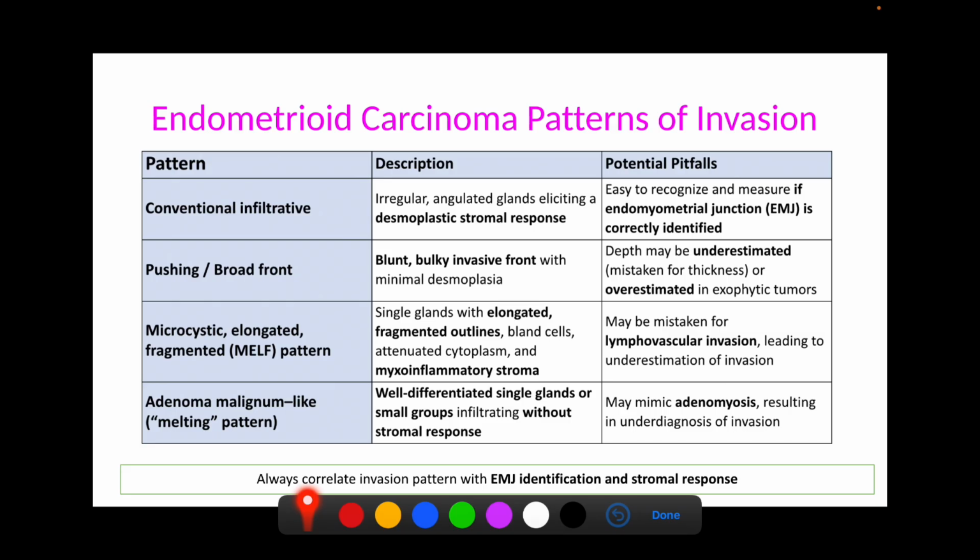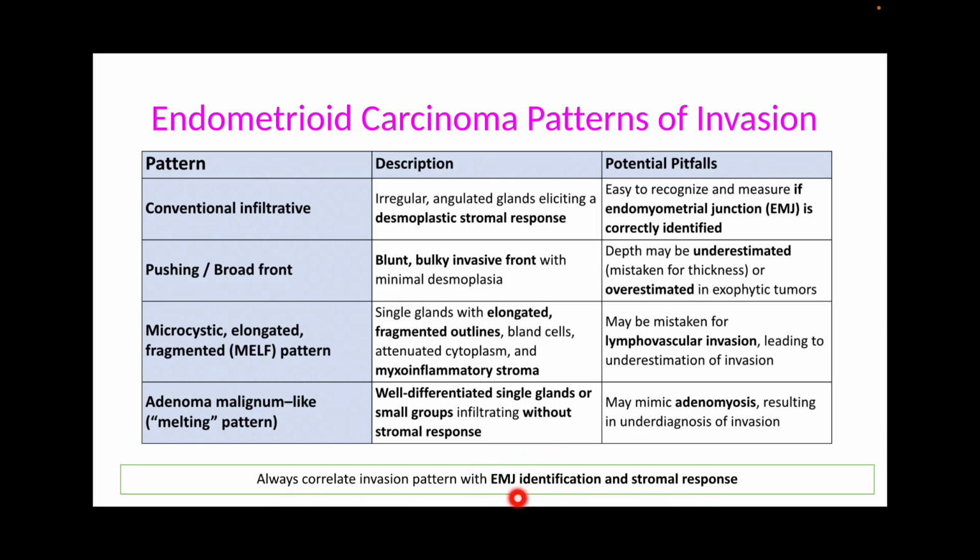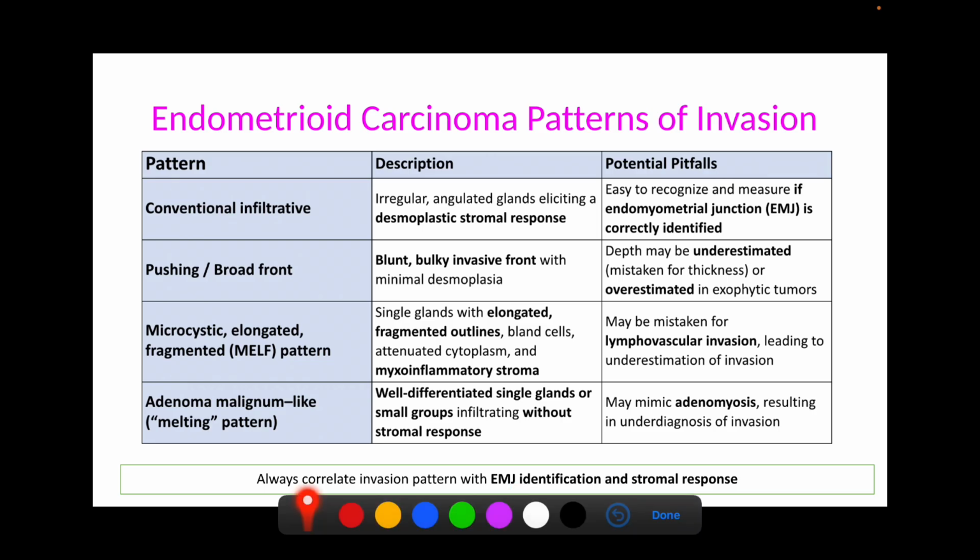Now, adenoma malignum or melting pattern, where single well differentiated glands or small groups of malignant cells infiltrate without any stromal response. So it may mimic adenomyosis and may lead to underdiagnosis of invasion. So whenever we look at the pattern of invasion, we have to look for two things. One is the junction, so identify the endomyometrial junction, and identify the stromal response.